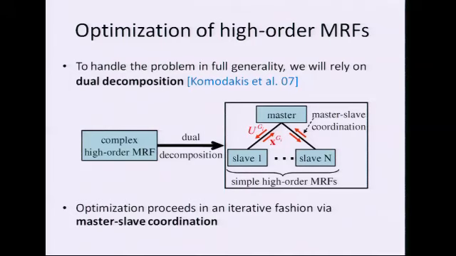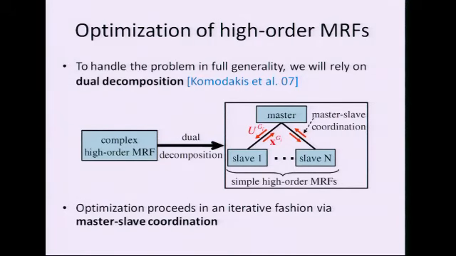The way I'm going to impose the consistency is the following. At every iteration, slaves solve their problems individually. They send back their solutions to the master. And the master is going to change the energy such that, as a function of time, this energy converges to the same values for variables which are shared between different slaves.